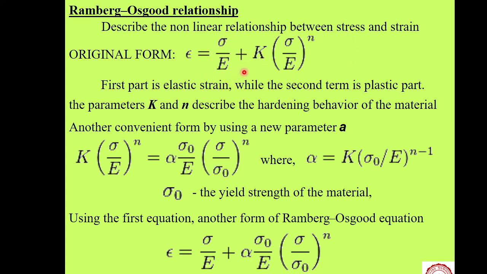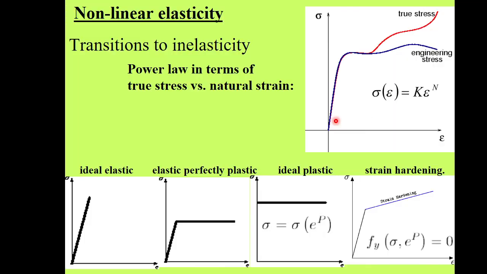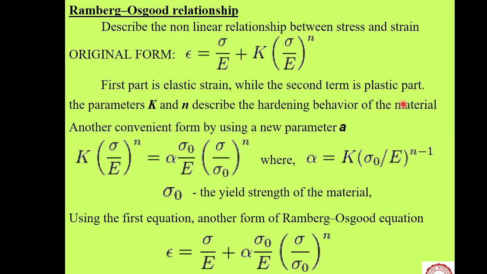Beyond the yield point, there is a certain nonlinearity. So these material models, there are various types of material models. Something like this Ramberg-Osgood, and this is another one.